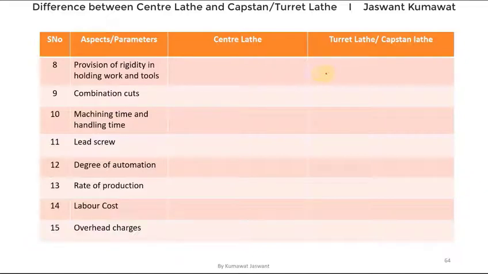In case of turret lathe or capstan lathe, there is extreme rigidity to permit multiple and combination cuts. The work is supported very well by collet chuck, and to provide rigidity during operation, the tool holders have special provisions like rollers, pilot bars, etc. So turret lathe or capstan lathe has extreme rigidity.